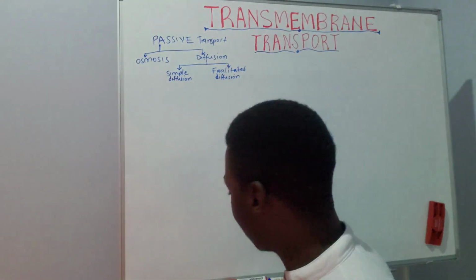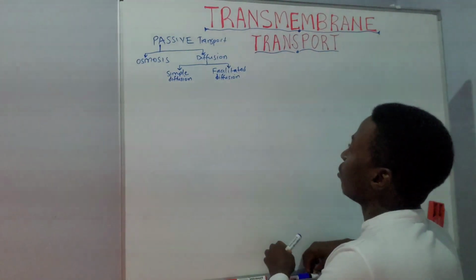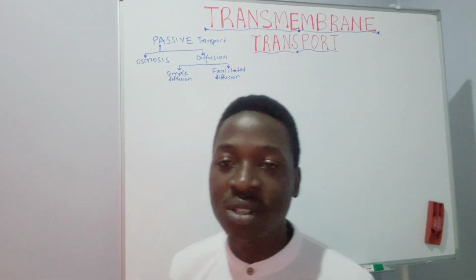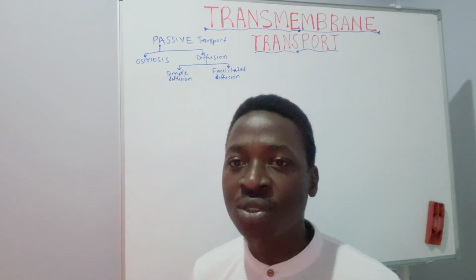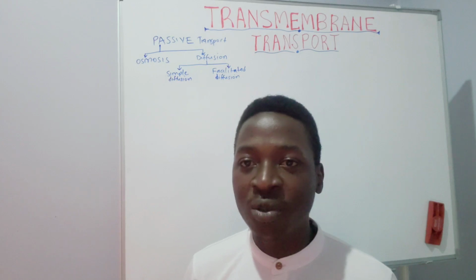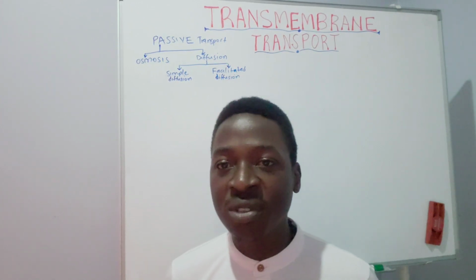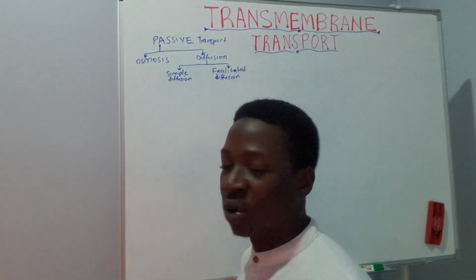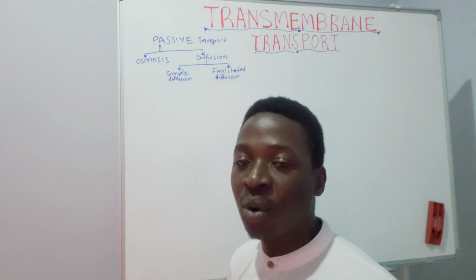As we have already said, passive has two forms. We have the osmosis and the diffusion. So for osmosis, this is a process that involves movement of molecules from a region of higher concentration to a region of lower concentration across a semi-permeable membrane, or a selectively permeable membrane.